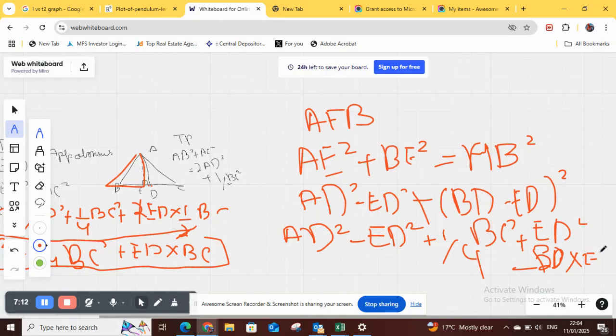This is one of the equations that we got. Again we can cancel it, and this is AB equal to AB. So I guess you have understood the sum right now.